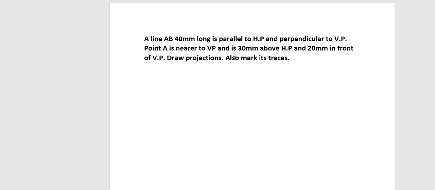You have also been given that A is 30 millimeter above HP, but because it is a line parallel to HP, we have to deduce that the entire line is 30 millimeter above HP. Between A and B, the point A is the closer one to the vertical plane, at a distance of 20 millimeter from it. So with this information we have to start drawing it.